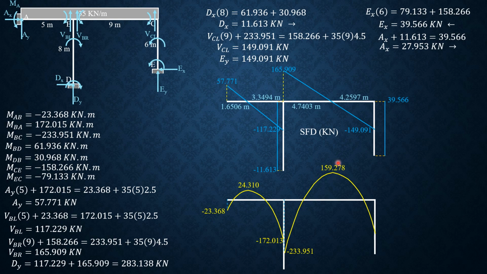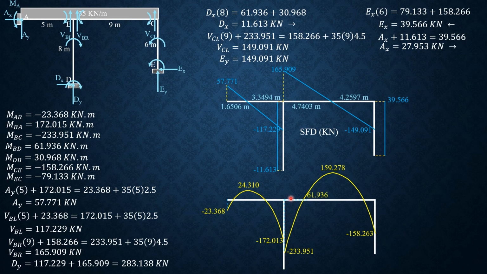Then 159.278 minus this area, 1/2 of 4.2597 times 149.091. You'll have here negative 158.263, which is supposedly MCB, or this one. So it's very close, that's fine.